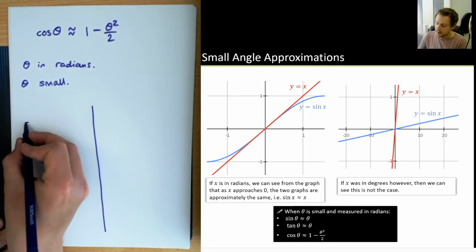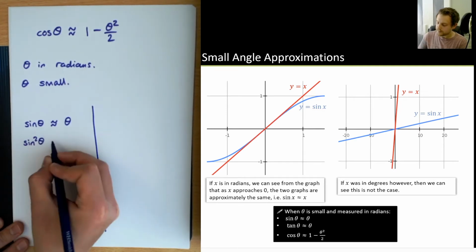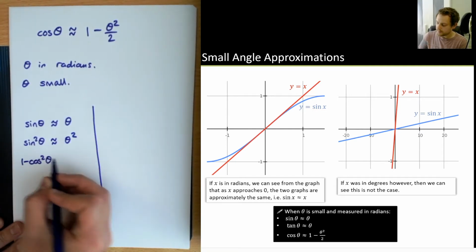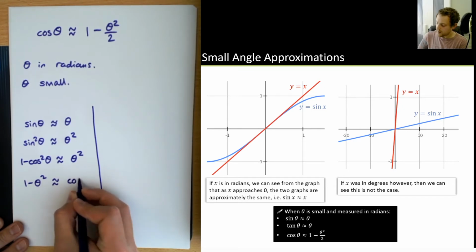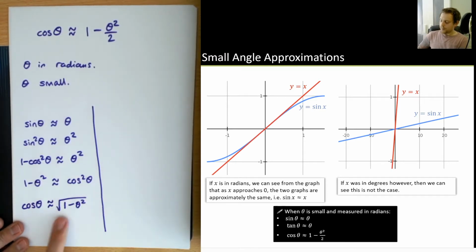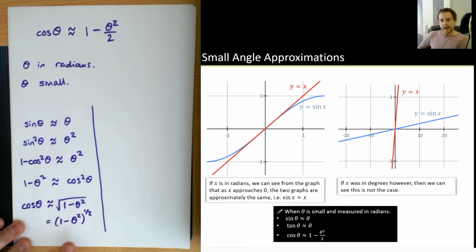So on the one hand, if we start with something we already know and square both sides, and then realize that, of course, this is 1 minus cos squared, and then rearrange, and then square root, now this is not a polynomial, right, because it's got a square root here, and what you're going to learn something about a more general binomial expansion in year 13, where you would be able to expand this as a series with increasing powers of x.